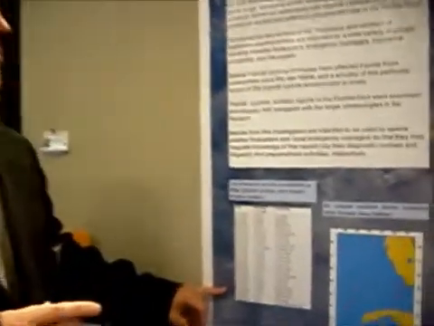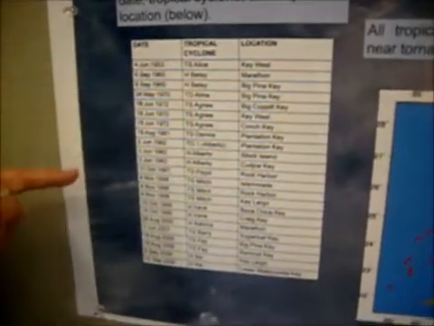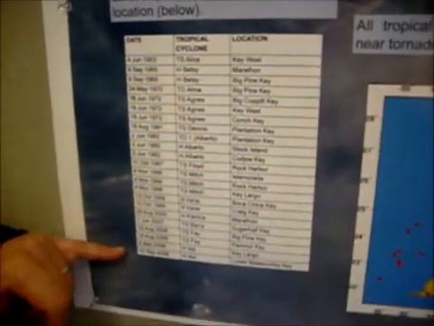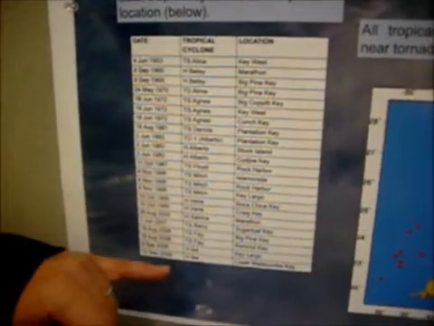Then we looked at the National Hurricane Center Best Track data set, and also the Storm Data publication for anecdotal information, and in some cases individual synoptic weather maps, and we found all the tornadoes associated with tropical cyclones in the Keys. There were 23 of them, going back to Tropical Storm Alice in 1953, and the last one was associated with Hurricane Ike back in September 2008.